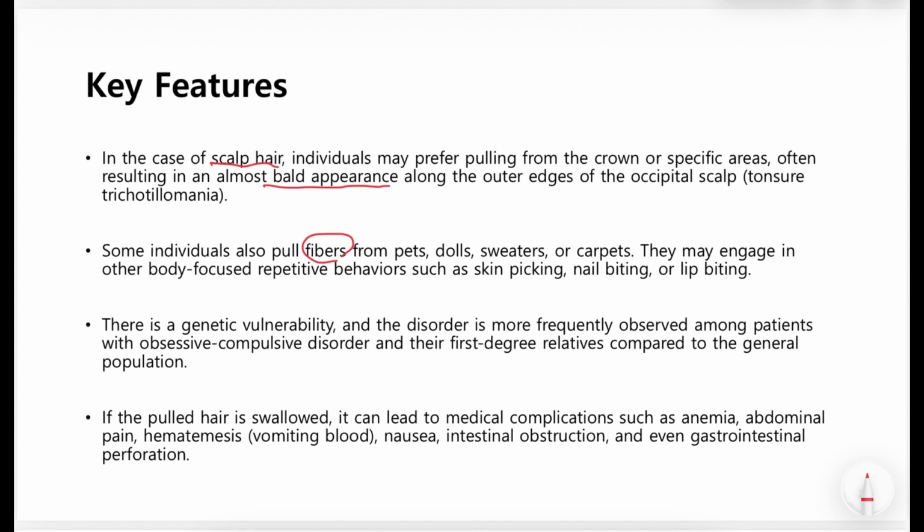There is also a strong genetic vulnerability, and the condition is more common among OCD patients and their first-degree relatives. In severe cases, ingesting hair, a behavior called trichophagia, can cause serious medical complications such as anemia, abdominal pain, and intestinal blockage.